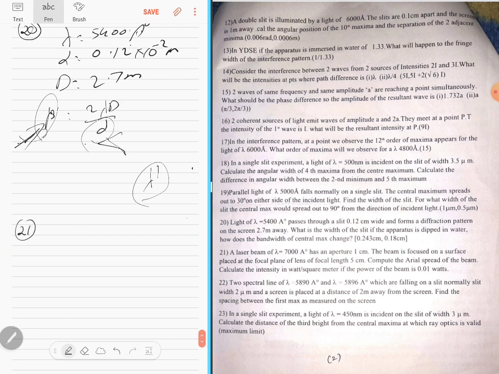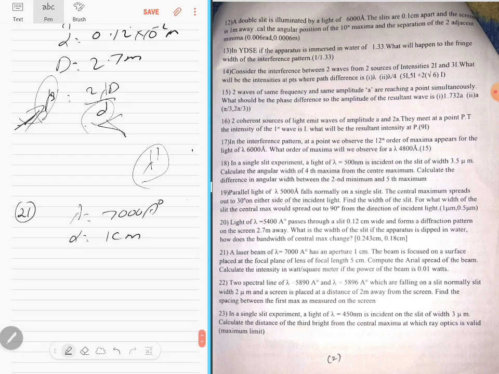A laser beam of wavelength 7000 Angstrom has an aperture of 1 centimeter, small d. The beam is focused on a surface at the focal plane of a lens of focal length 5 centimeter. Compute the areal spread of the beam. Calculate the intensity. Okay.